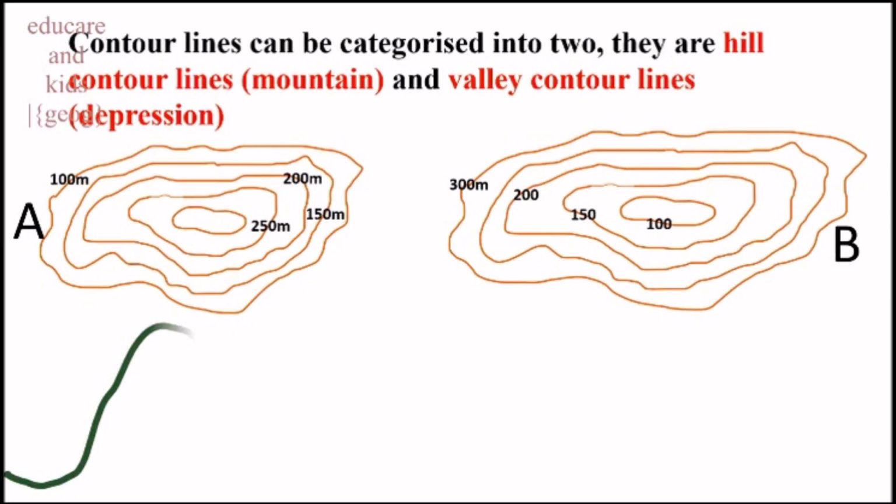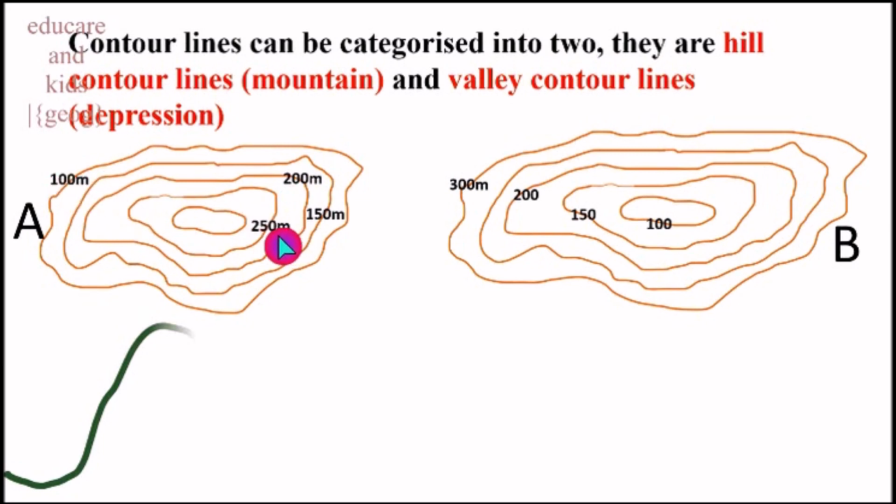I have categorized contour lines into two. They are hill contour lines, or contour lines representing mountains, and contour lines representing valleys or depressions. So this is contour A and this is contour B. You can see that the calibration of contour A is different from contour B. With contour A, the numbering starts from the lowest to the highest.